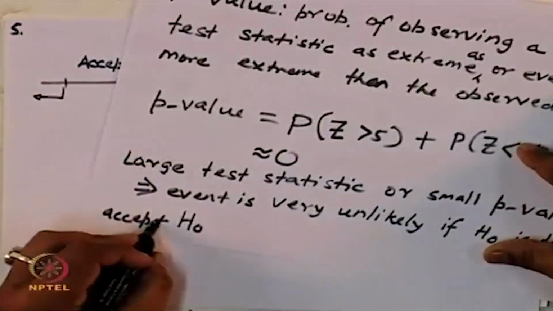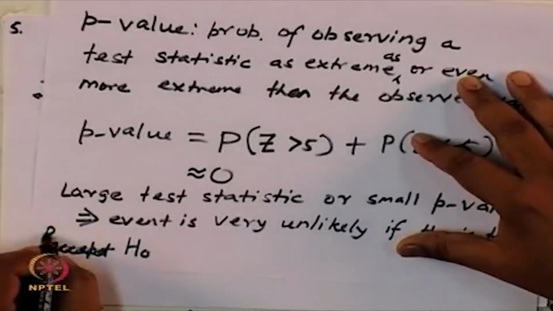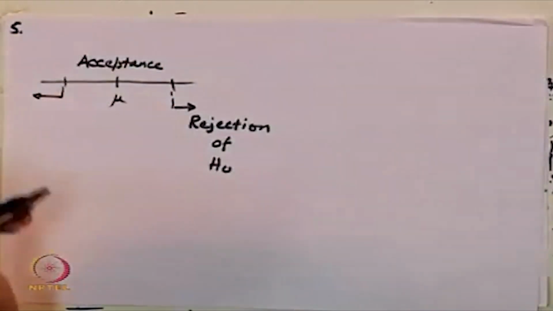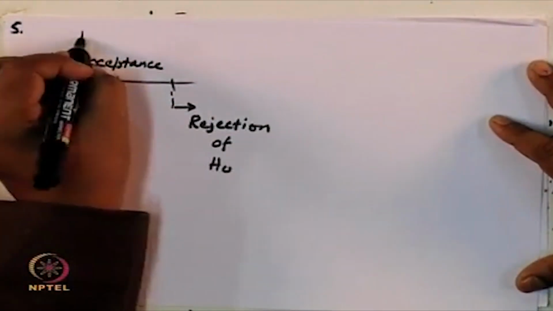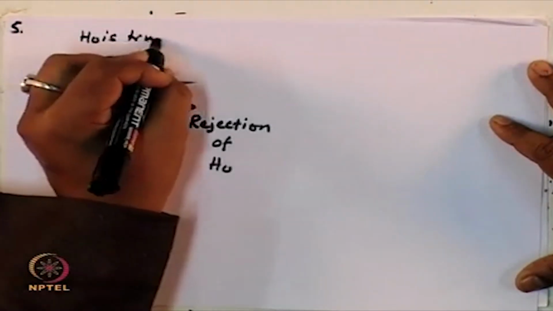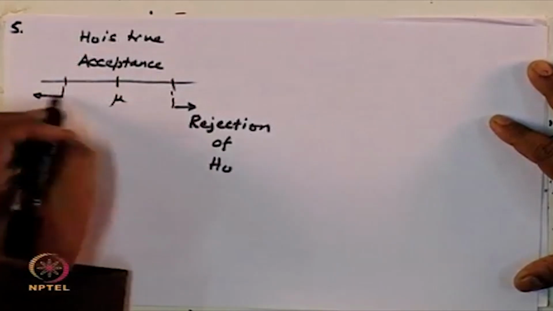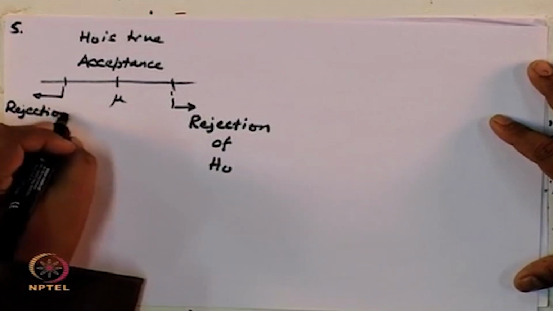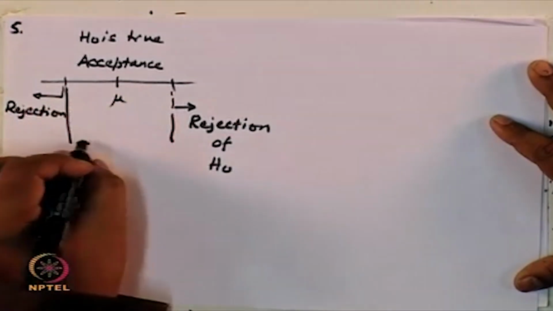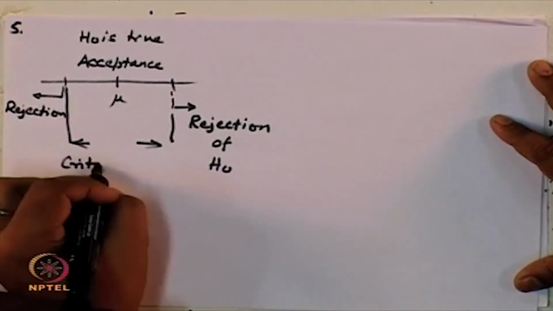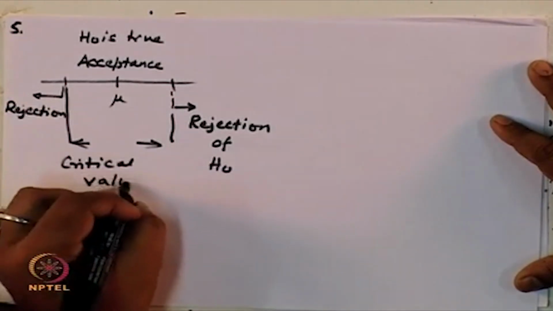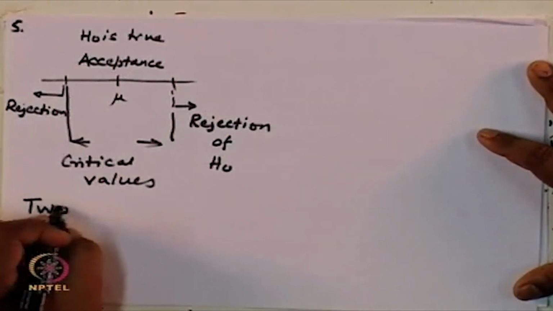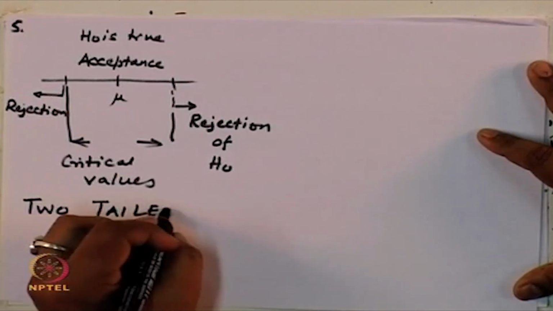In the last case I have to reject H naught, since this is 5 standard deviations away. This is the acceptance region where H naught is true, this assertion is accepted, versus for these 2 points you have a rejection. These values are referred to as critical values. And this test, because you have 2 zones possible, is called a 2-tailed test of hypothesis.